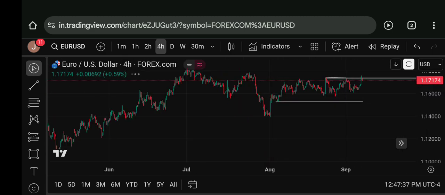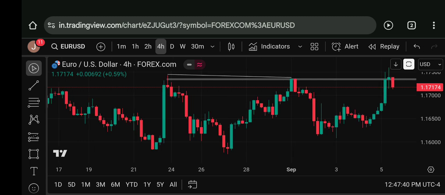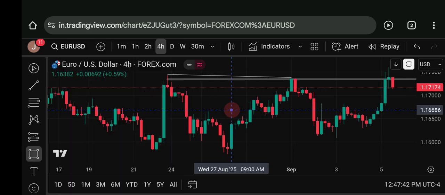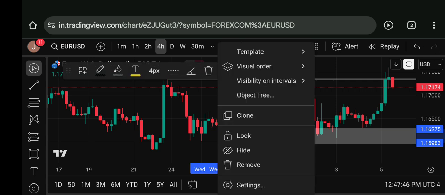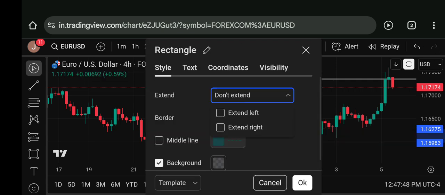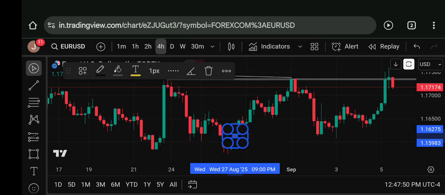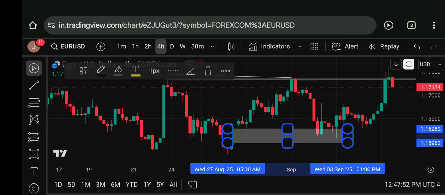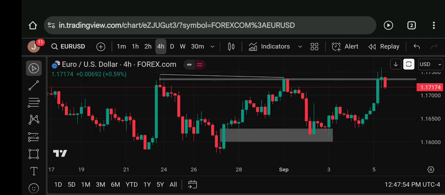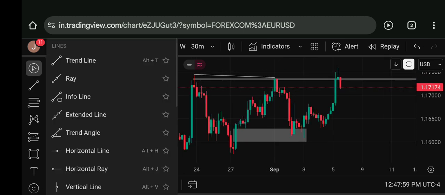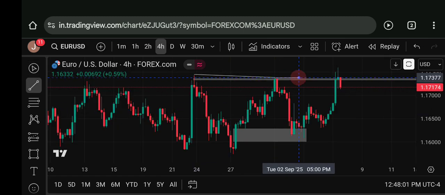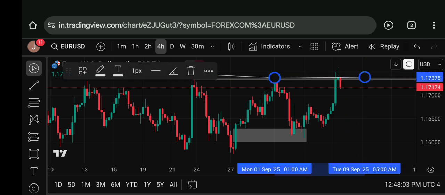And then what happened was, price entered this 4-hour bullish FVG, and then it went to our stop loss, which was here.